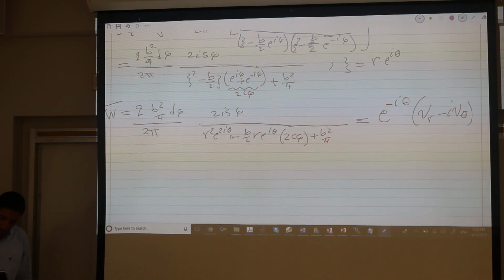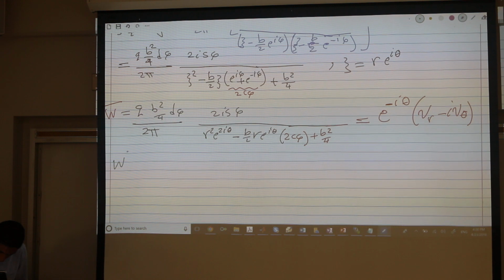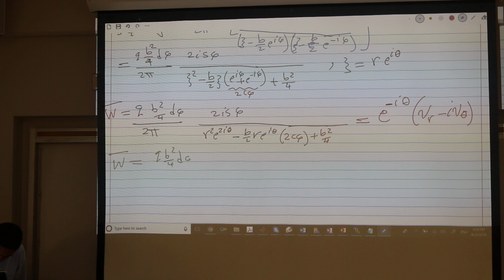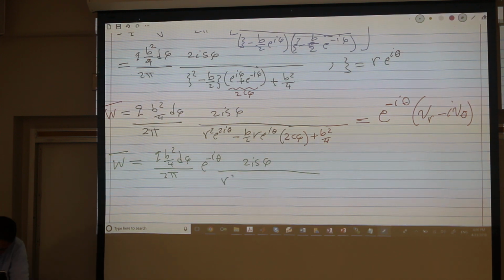So I will multiply up and down by e to the negative i theta. So I have w equals q b squared over 4 d phi over 2 pi, e to the negative i theta here. Down below we now have r squared e to the i theta, r 2 cosine phi, plus b squared over 4 e to the negative i theta.